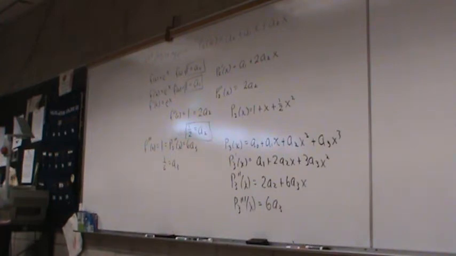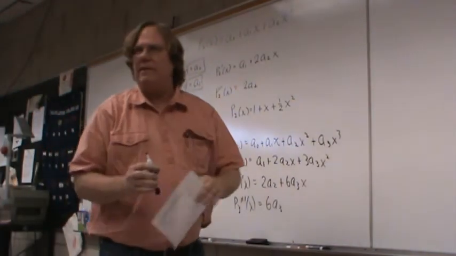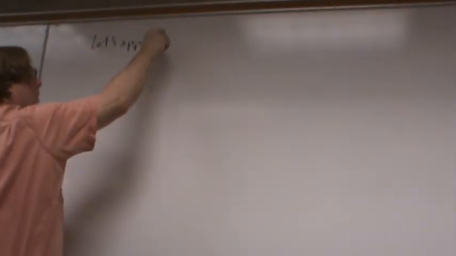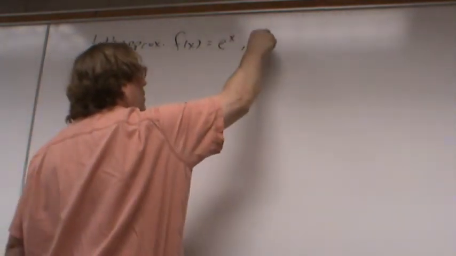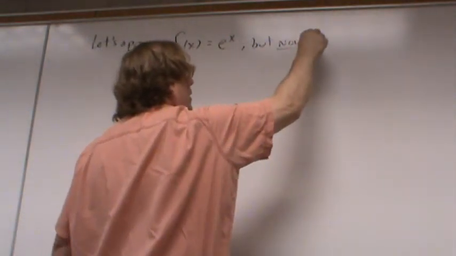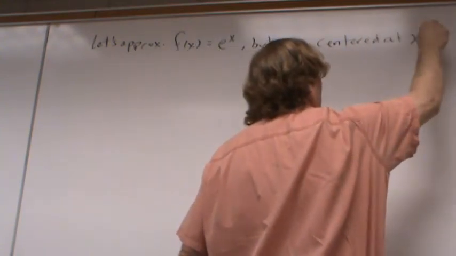Okay. I'm going to do this really quick now. So I'd say don't write this down. Let's approximate f of x equals e to the x, but now centered at x equals 1.